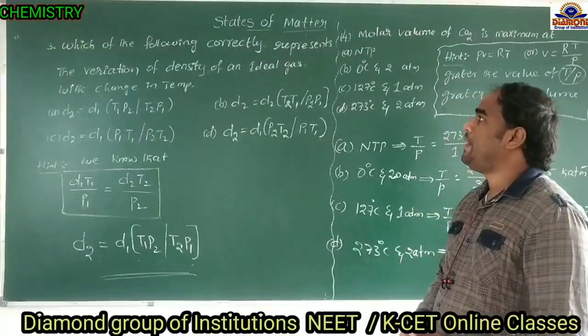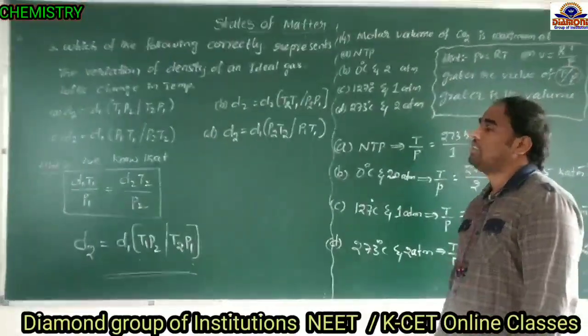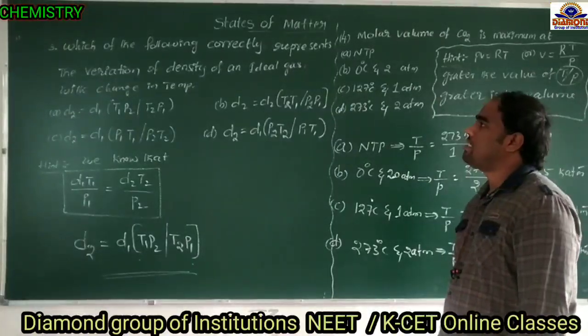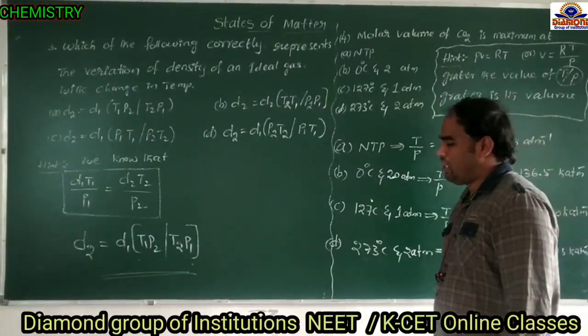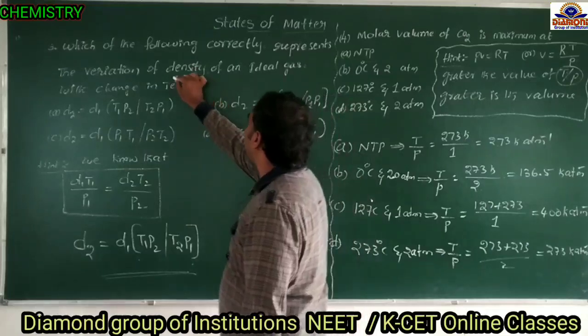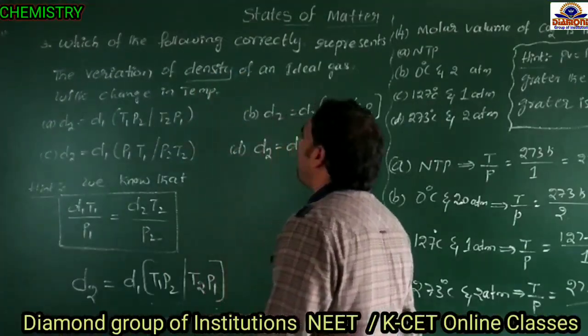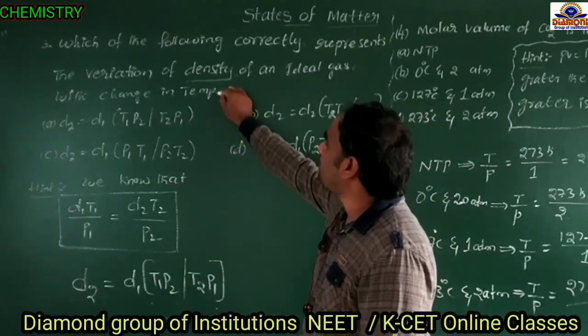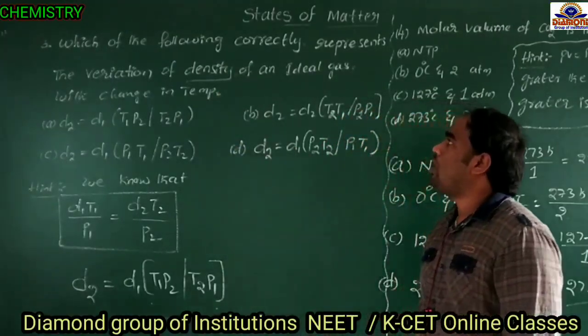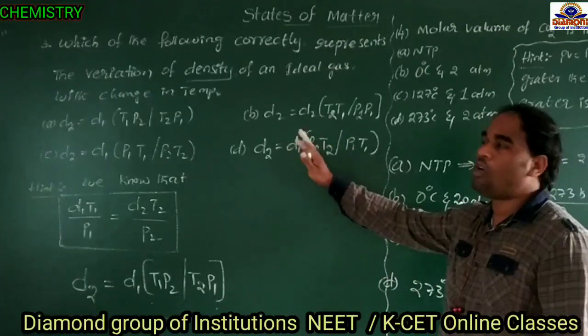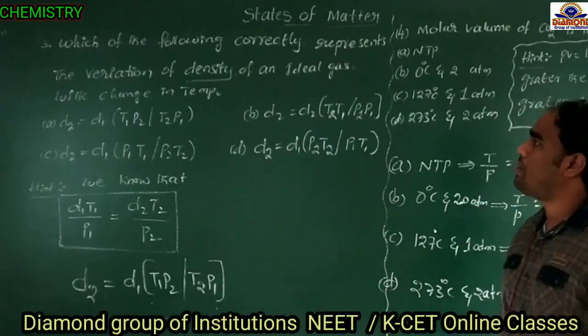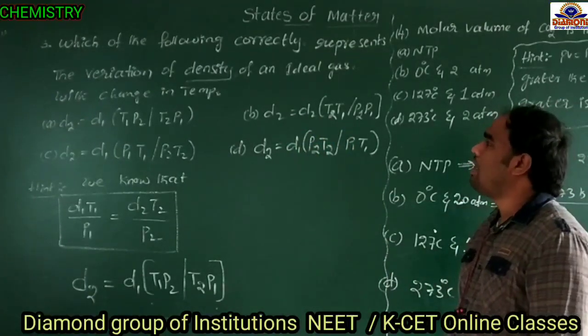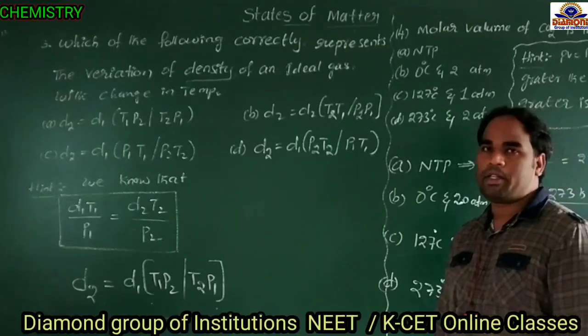So next, question number 3. Which of the following correctly represents the variation of density of an ideal gas with change in temperature? Among these four, which correctly represents the variation of density of an ideal gas with a change in temperature?